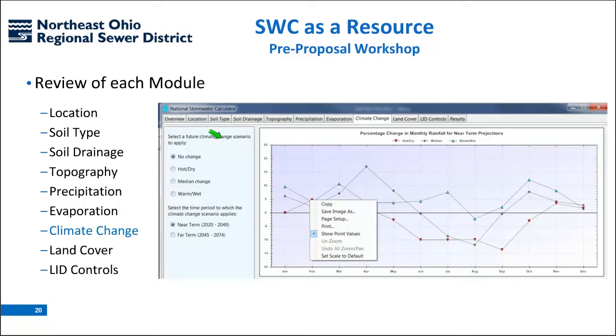For example, the climate change. And we tell folks, for consistency's sake between applications, what data to input in this situation. For example, for the climate change one, we simply want them to select no change and to select the near-term option for that. And so every application does that for consistency.